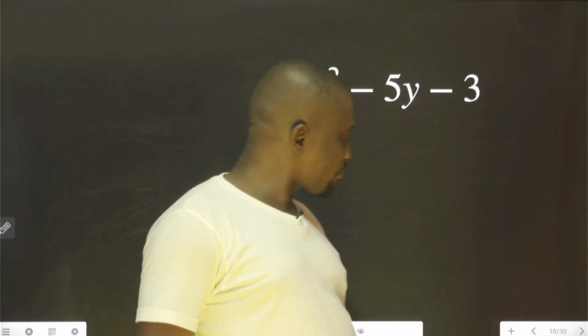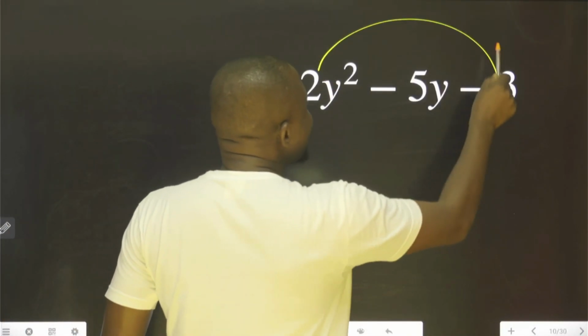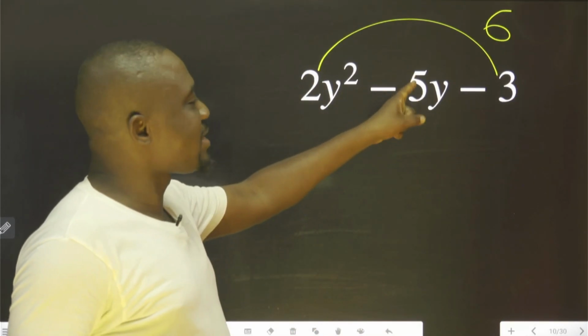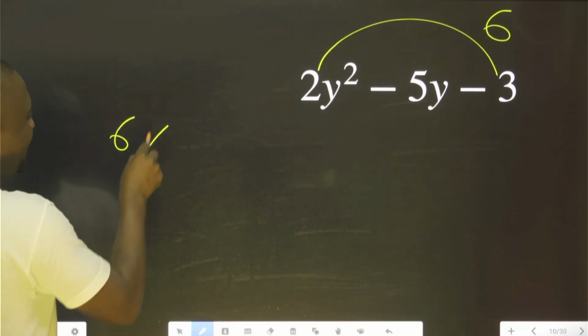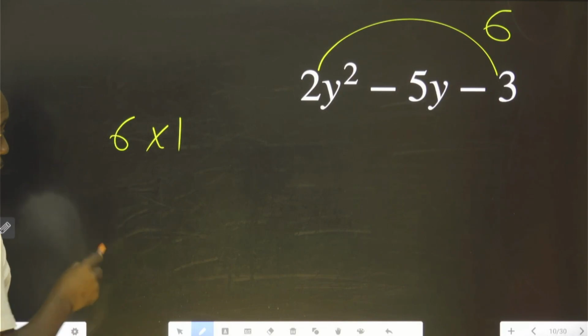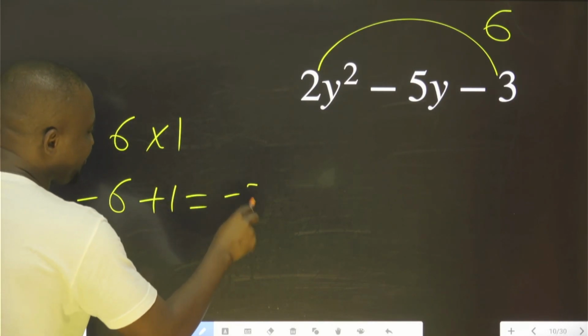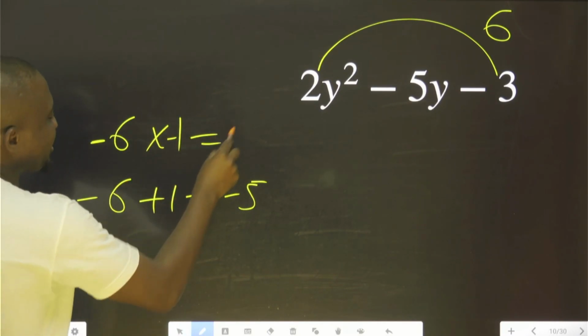Next. Let's look at this. The same thing. Multiply this will give us 6. What can I do to have 6? I also have 5. If I bring them together, it is 6 multiplied by 1. Because if I do minus 6 plus 1, I will have minus 5. If I do minus 6 multiplied by minus 1, I will have 6.